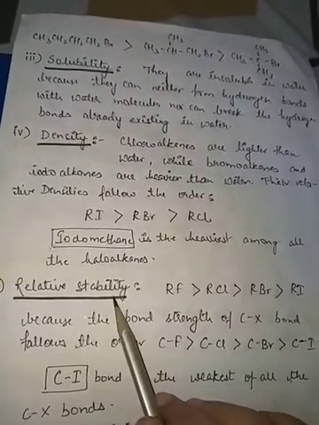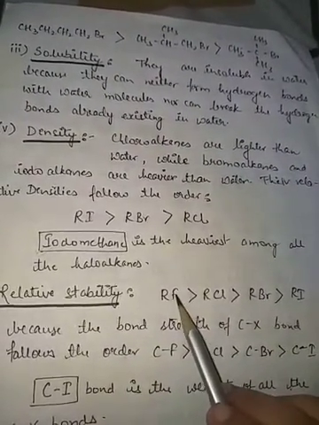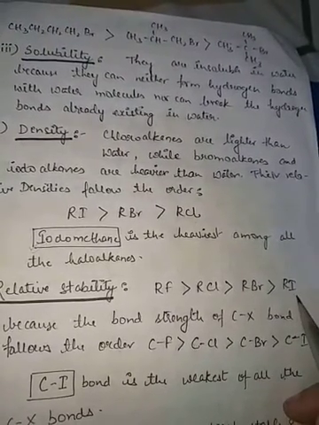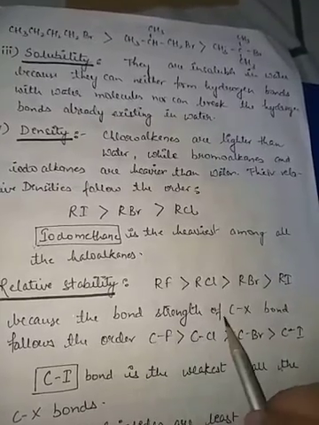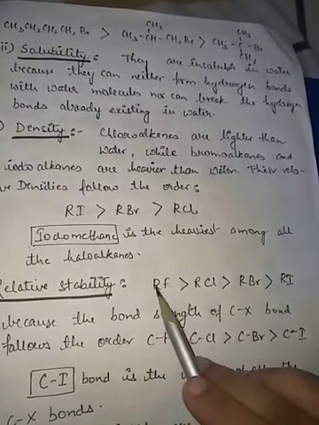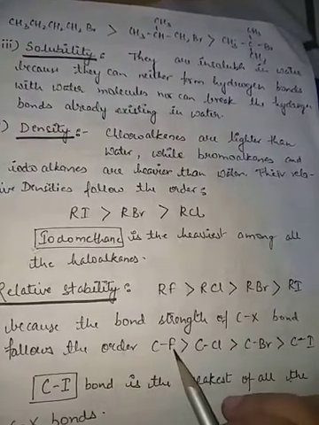Now relative stability. RF is most stable, then RCl, then RBr, and RI, because the strength of the C-X bond, the bond between the carbon of the alkyl group and the halogen, follows this order.